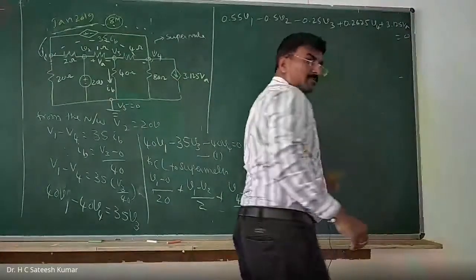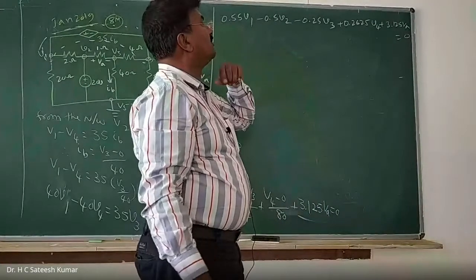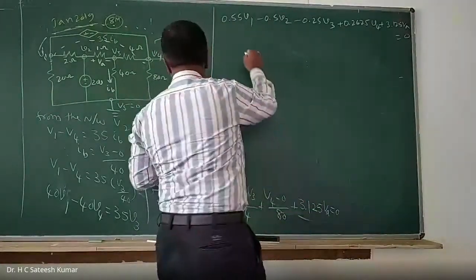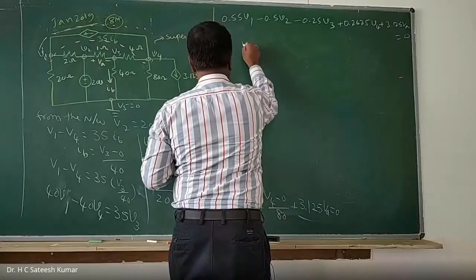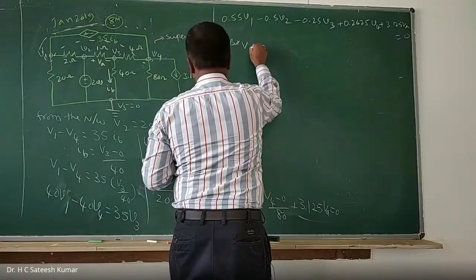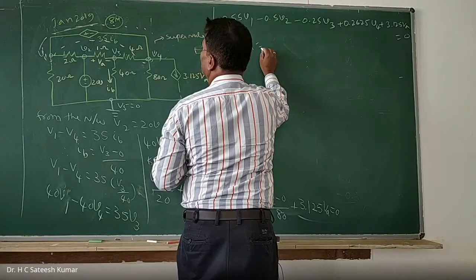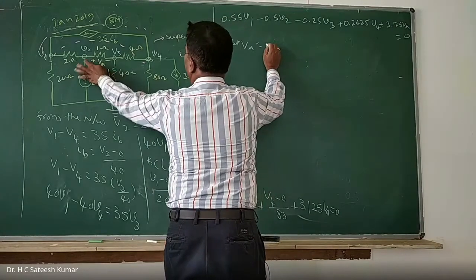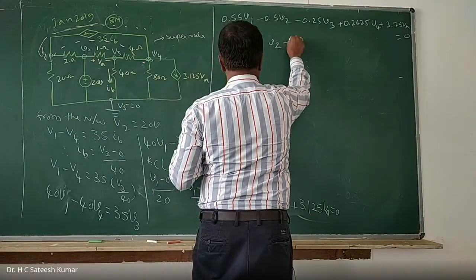Is it visible? Okay. But what is VA? See, this is VA, V2 minus V3.